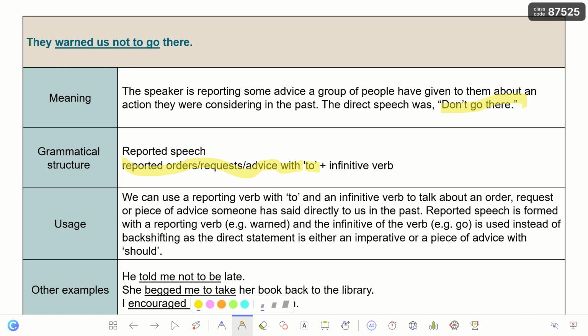I start with what? Reporting verb. This reporting verb this time is related to orders, to advice, to requests. Then what? If I have a negative, like here, "don't", so I need to add "not". Then what comes next? Base verb. "Go" here, I change it to "go".